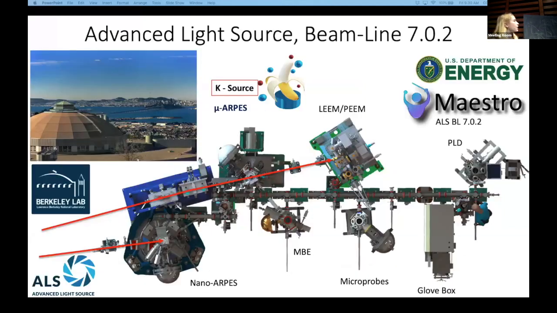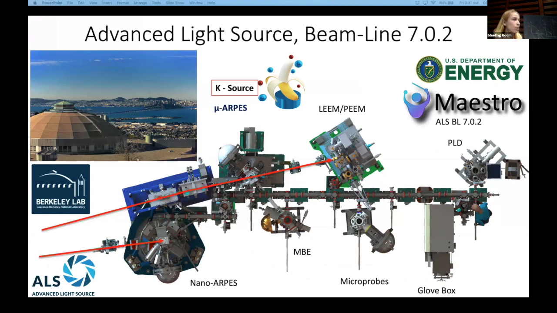The experiments were done at the MAESTRO beamline at the Advanced Light Source, and the M in MAESTRO stands for microscopy. This is a beamline that has really been one of the pioneers in taking photoemission techniques into the realm of microscopy.